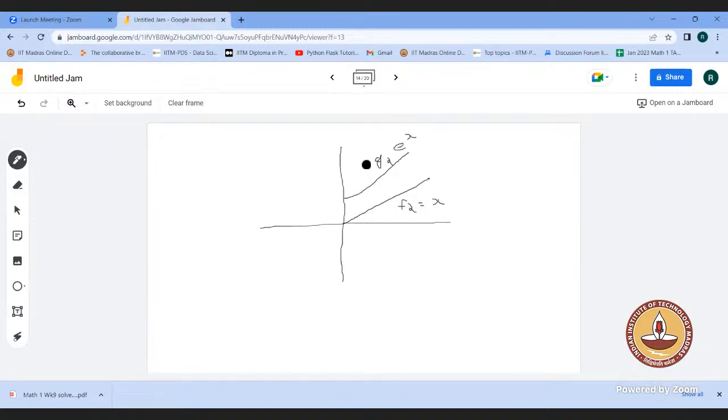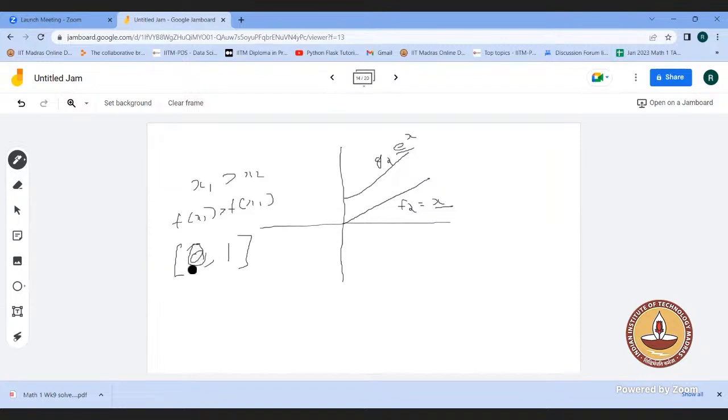Yes, sir. Since these two are increasing functions, y is equal to x and y is equal to e power x, we know that if x1 is greater than x2, then f of x1 is greater than f of x2, right? So what will be the minimum value in the interval 0 to 1? 0, right?